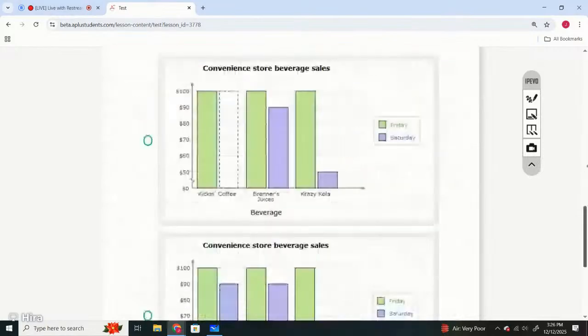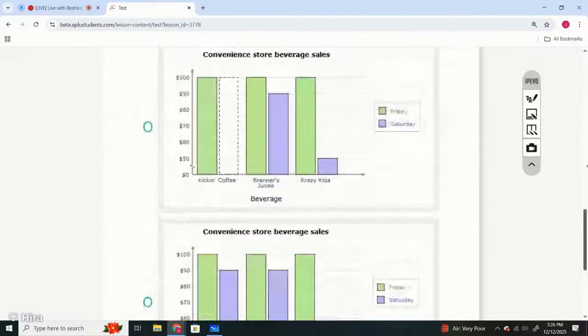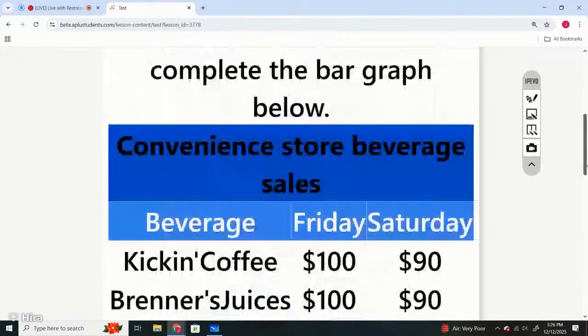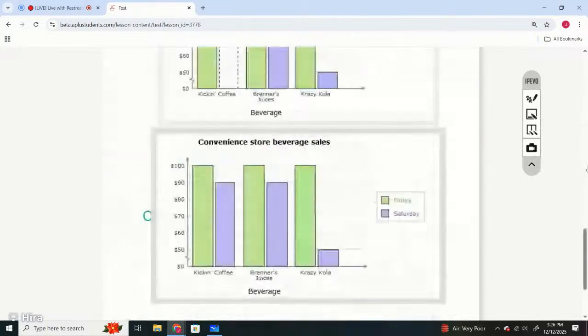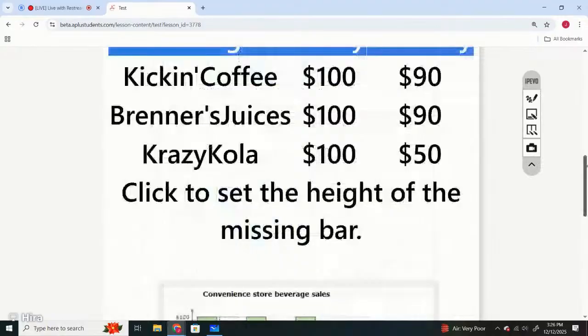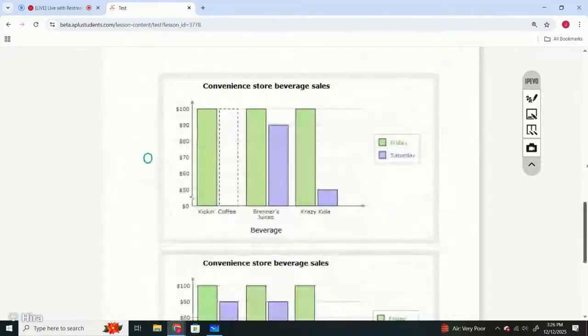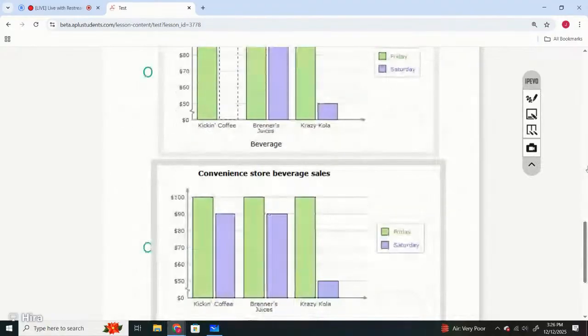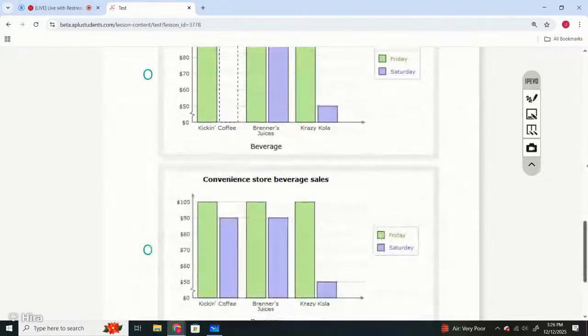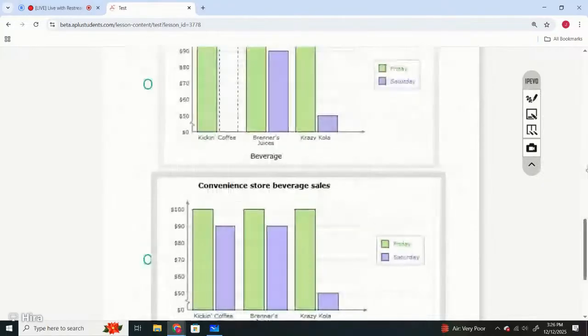So find the missing one. $190. Then Berners Juice $100. So it is $100 and $90. And then $100 and $50. Here is $100. So option number two is the correct option.